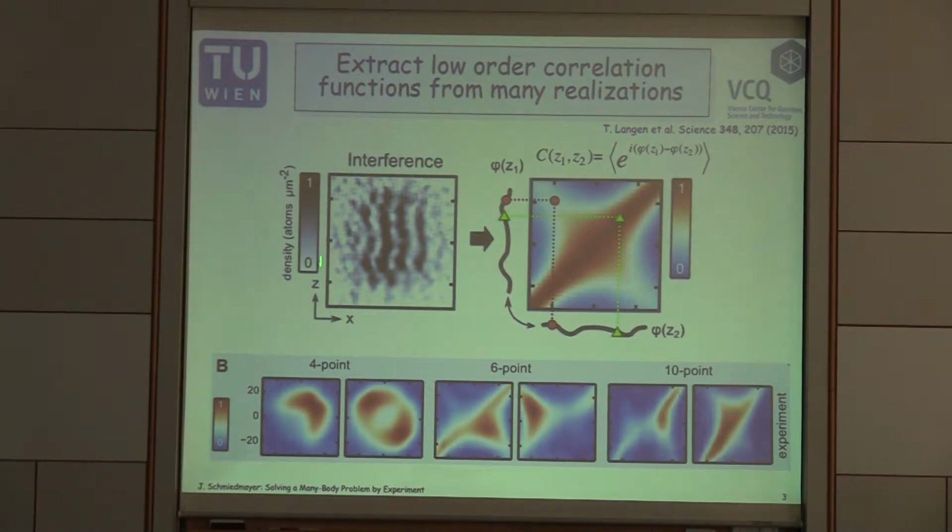The G2 has 40 points in this direction, so it has about 1,600 points, and the diagonal is 1 because the autocorrelation is equal to 1. So you can get the second order correlation function, the 4-point function, the 6-point function, you get 10-point functions out, and this is just experimental data.